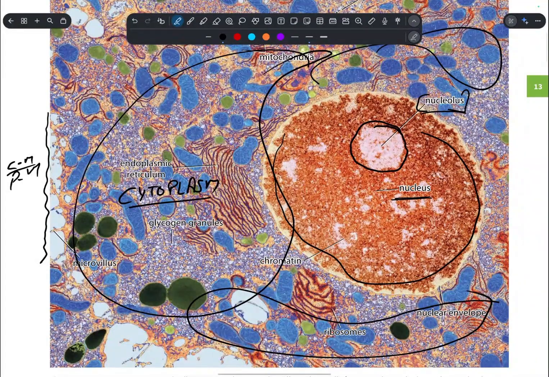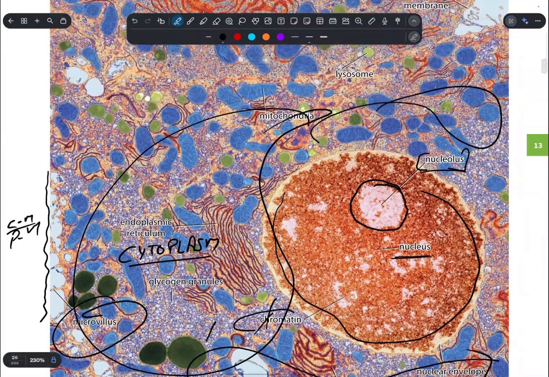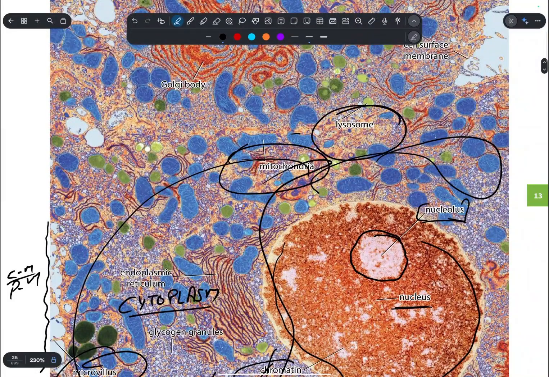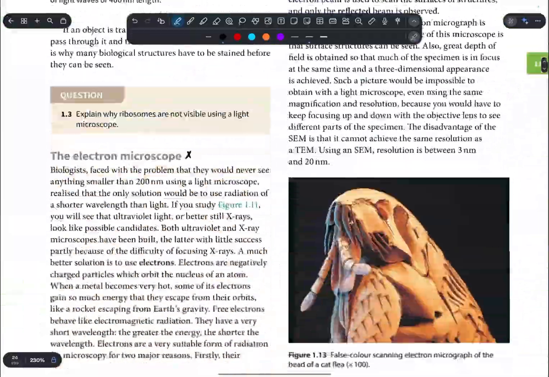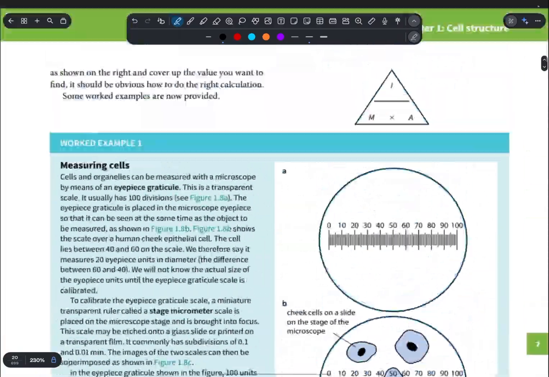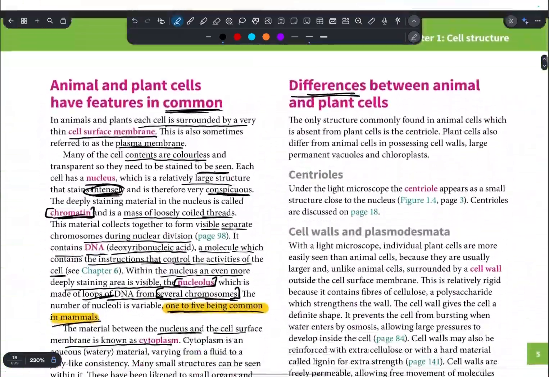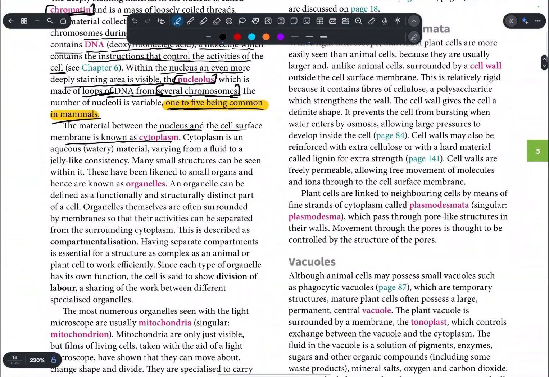And what is cytoplasm? Cytoplasm is an aqueous solution in which there are different organelles, like mitochondria, lysosomes, Golgi bodies.